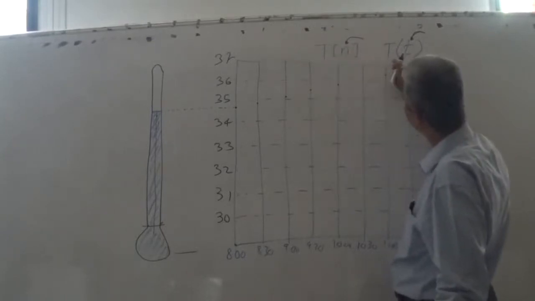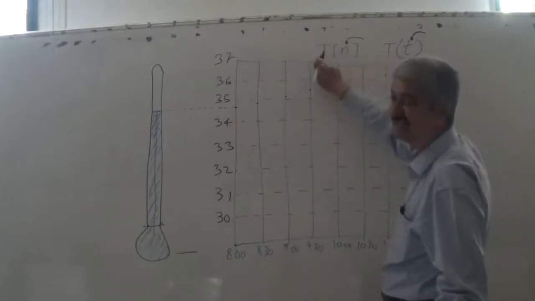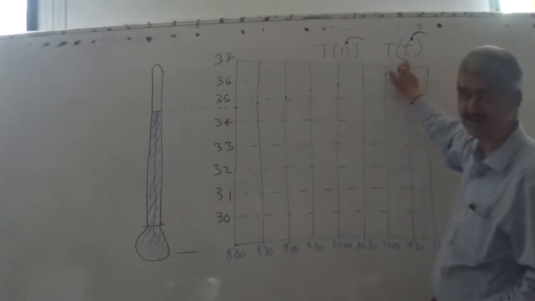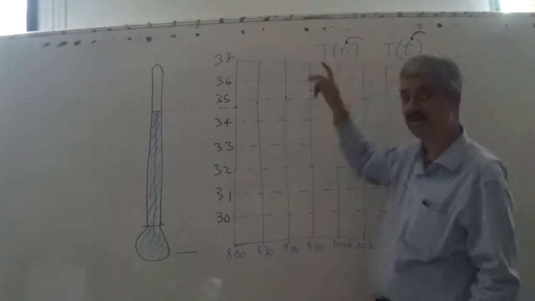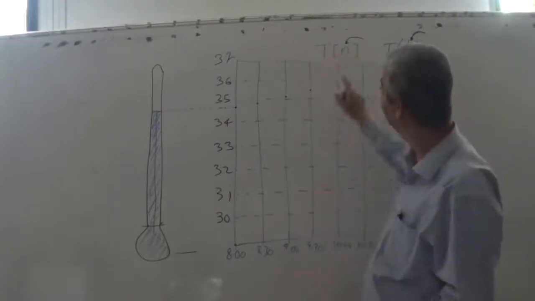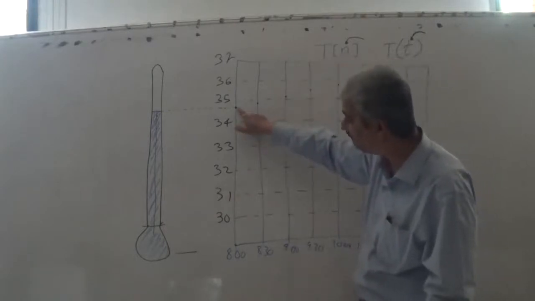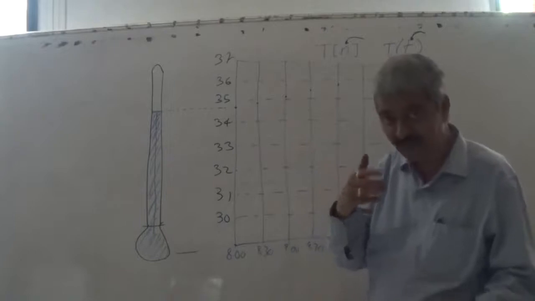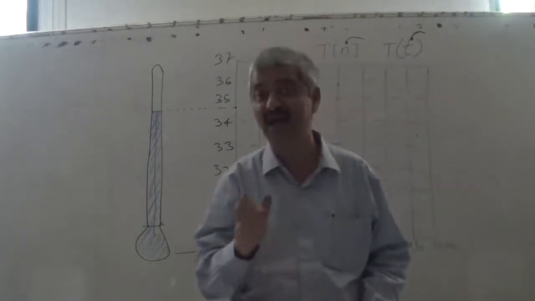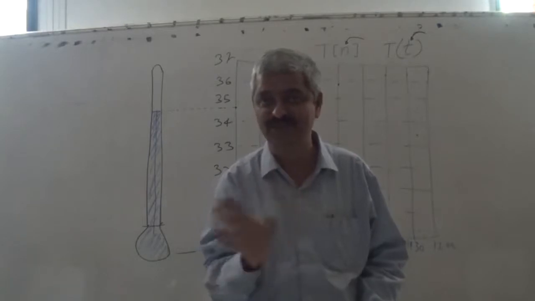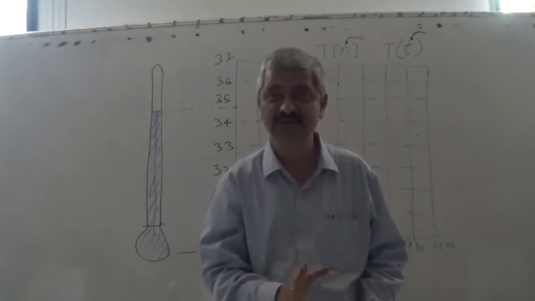So this is a function and this is a sequence. Remember, this is a continuous function and this is a discrete sequence. I again repeat, these are integers. The values of temperature are not integers. Values of temperature are continuous.